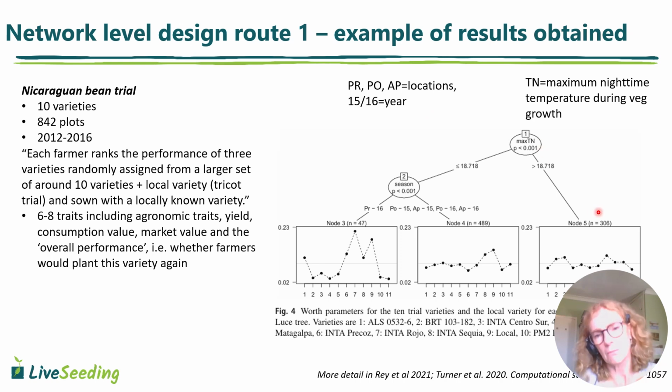But basically, the analysis divided up the data in this way, showing that, for instance, the highest yields were obtained at this location, PR16, when, if you follow along here, maximum temperatures at night were less than 18.7, which is quite interesting actually. So cooler temperatures at nighttime.